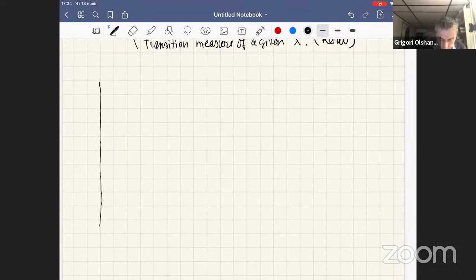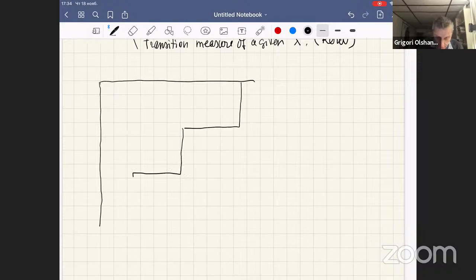His idea was to look at this broken line, the boundary of a Young diagram, and assign to each corner, to each point which is on a corner, inner or outer, some number, which is the content, simply the difference between the j coordinate, the column coordinate, and the i coordinate, the row coordinate.